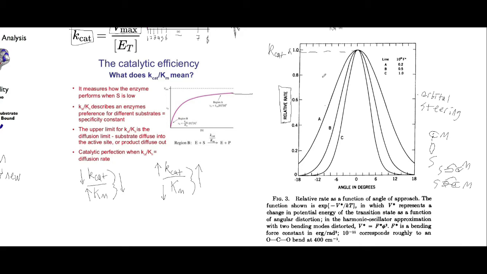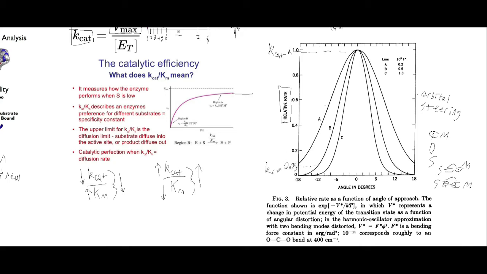Whereas say if we're at 12 degrees on this B line here, if you're interested in this, I have several links in the description about orbital steering. But let's just say we're on the B line here and we're at 12 degrees. Now we have to multiply our kcat by something like 0.005.